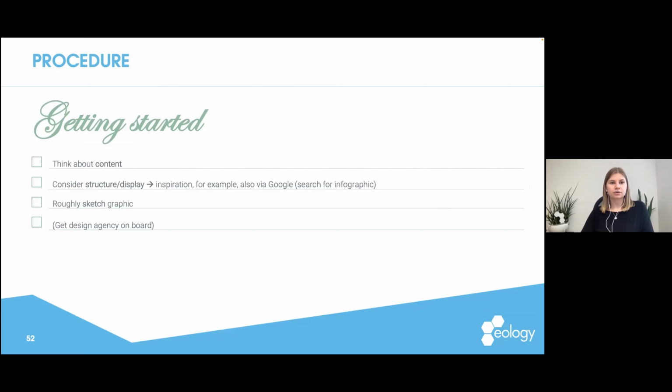For getting started, we also have a little list for you, which you can check off. First of all, of course, think about the content, then consider your structure and display. Maybe roughly sketch your graphic, and if you need it, get your design agency on board. Always keep in mind your timetable for your graphic creations, your overall timetable for your project, so that nothing gets delayed.